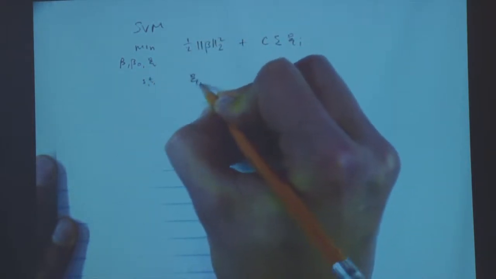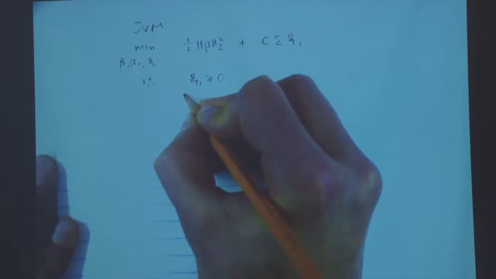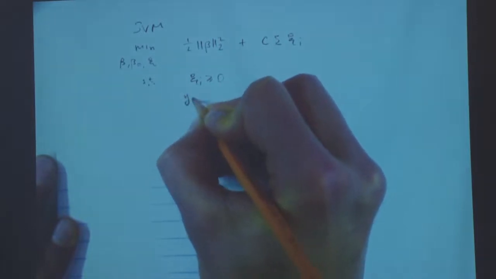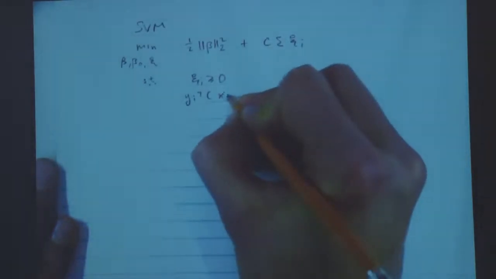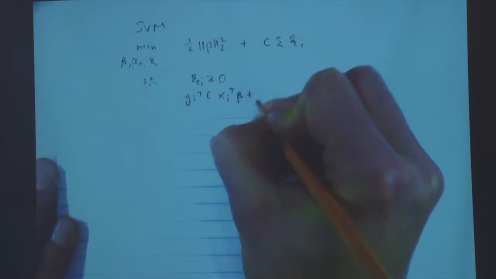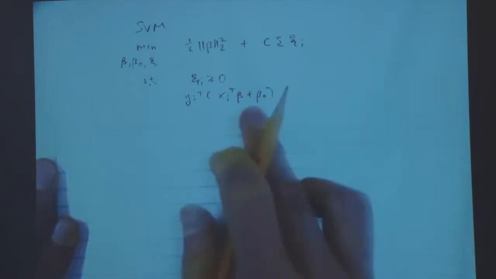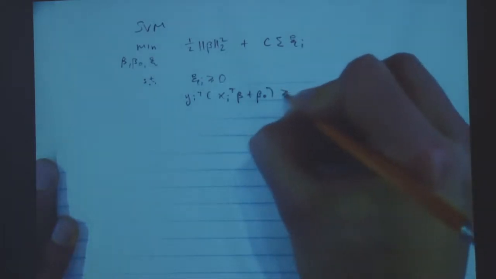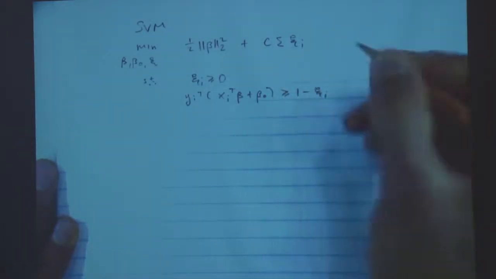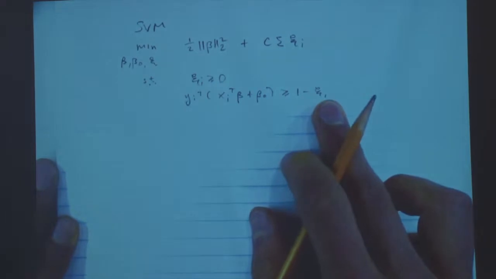And C is a tuning parameter, the strength of that penalty, subject to the usual constraints: each psi has to be non-negative, and the classification rule takes yi, which is just -1 or 1, multiplies it by xi transpose beta plus beta naught, and says that it has to be no farther from 1 than psi i.